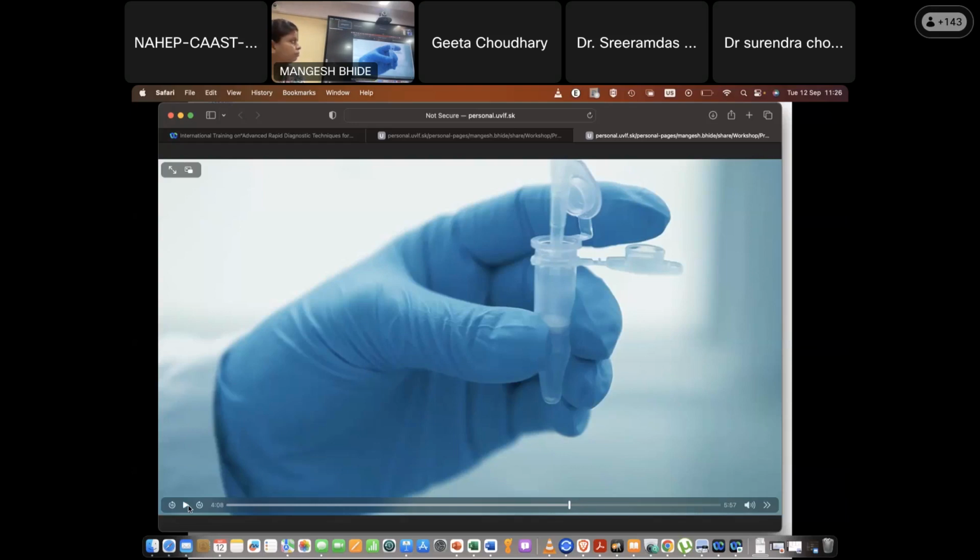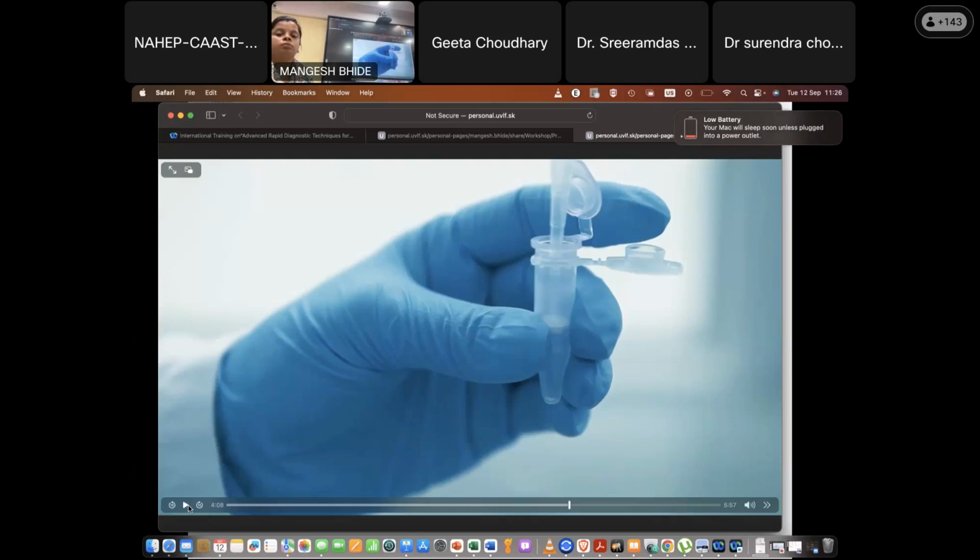So in the washing buffer, you have to add ethanol at least 70%. You can make your own washing buffer, either TE buffer with 70% ethanol, or you can use 70% ethanol, no problem, if you don't have wash buffer.